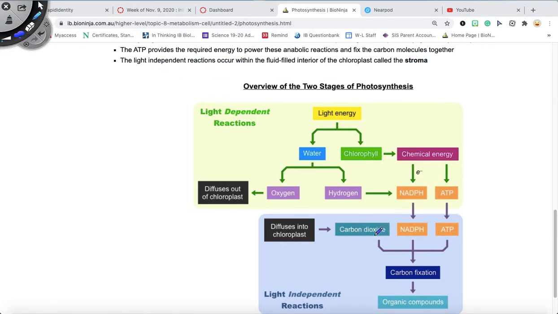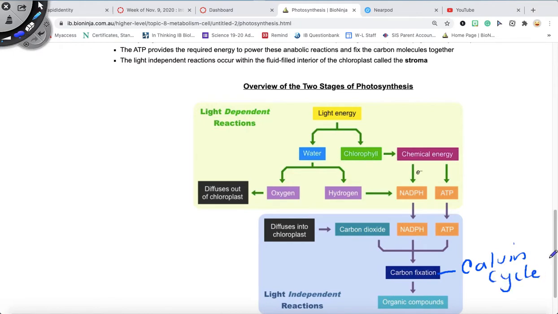So we see here that carbon dioxide, once it gets diffused, it gets fixed. And we're going to study this process in more detail when we look at the light independent reactions. But this carbon fixation is part of what we call the Calvin cycle.